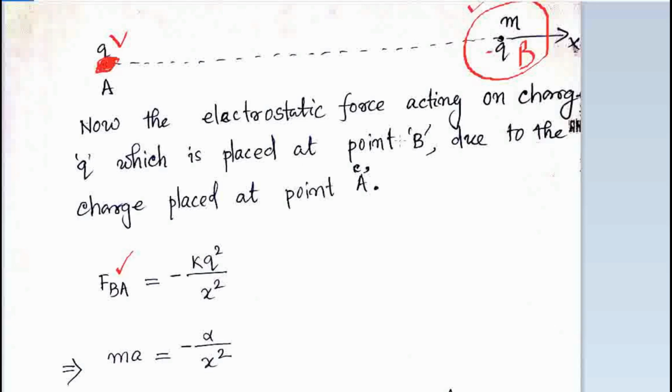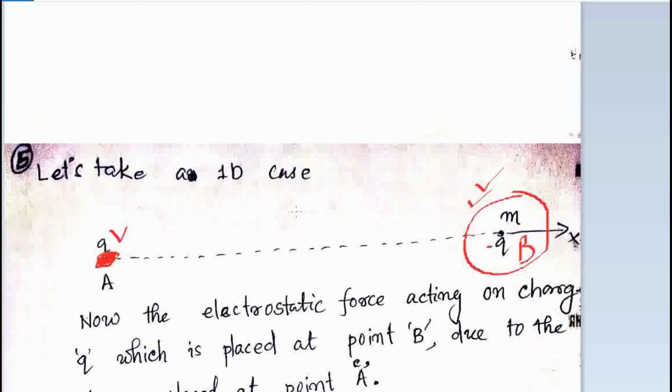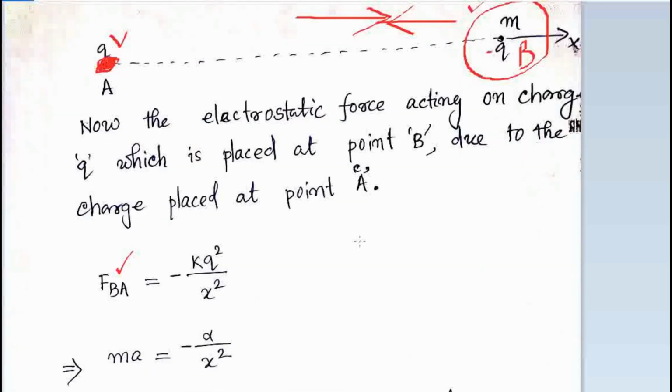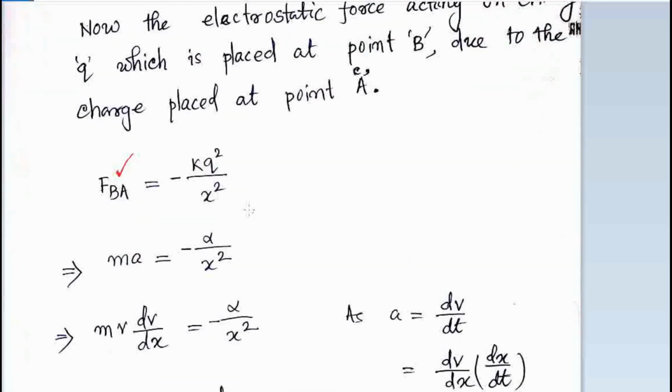So this is an attractive force. If you take this as the positive x direction, then the direction of force is in the opposite direction of the x axis. So that's why this negative sign is taken here. So the force is k q square by x square.